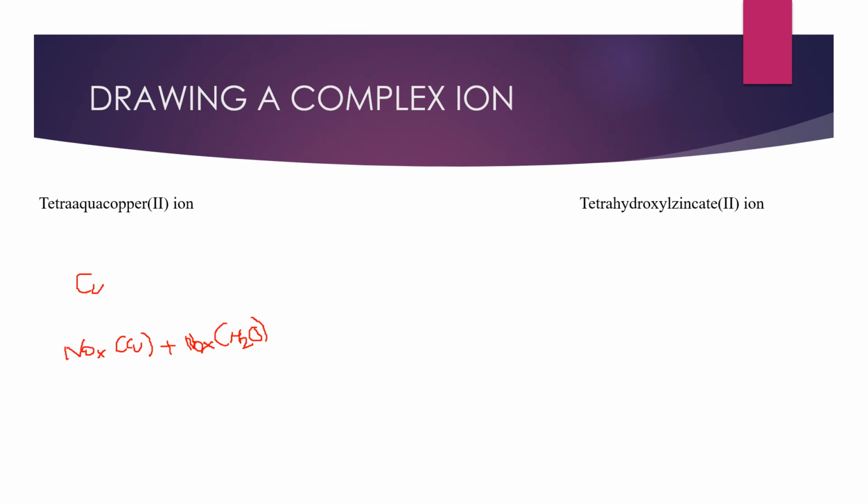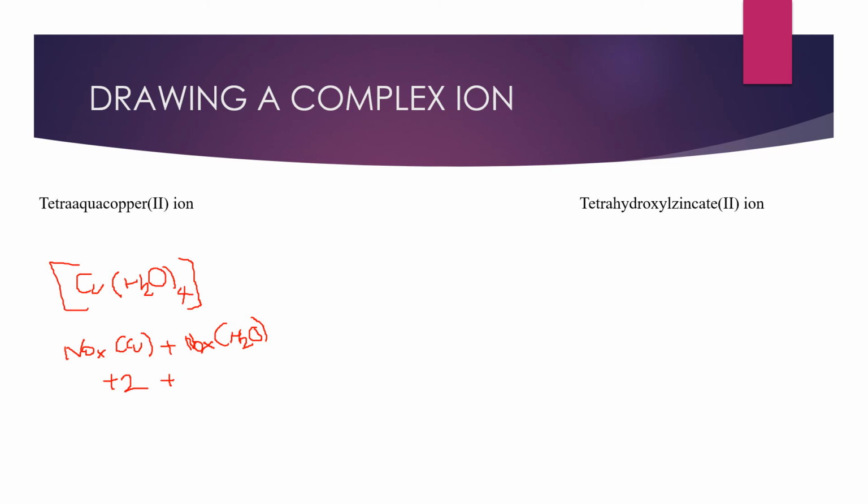So for copper, we know the charge already, which is +2, plus tetra aqua. Tetra means aqua is H2O, and there are 4 of them. So this is tetra aqua. Square brace. This is very important. Make sure you have a square, not a circular brace.